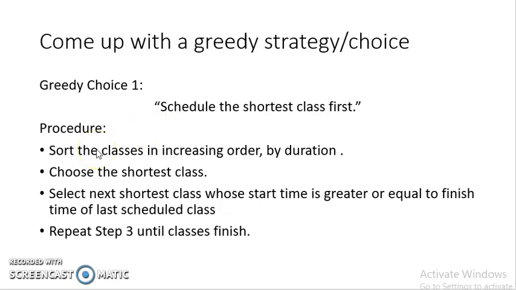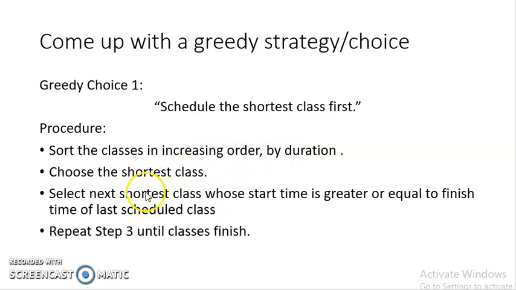So the procedure that we are going to follow is this. So first you sort the classes in increasing order by duration because you want to schedule the shortest class first. Then you choose the first shortest class. Now you have to choose the second shortest class out of this list, but you have to also check the compatibility constraint.